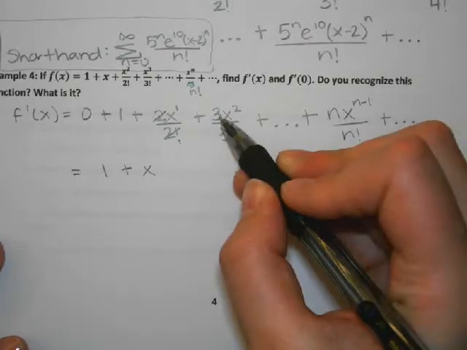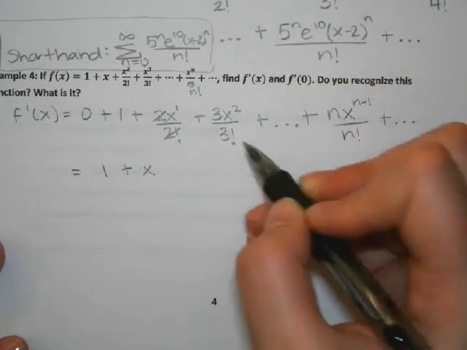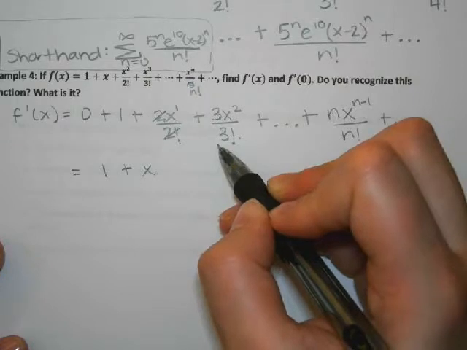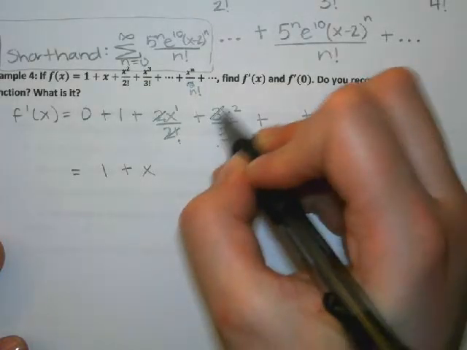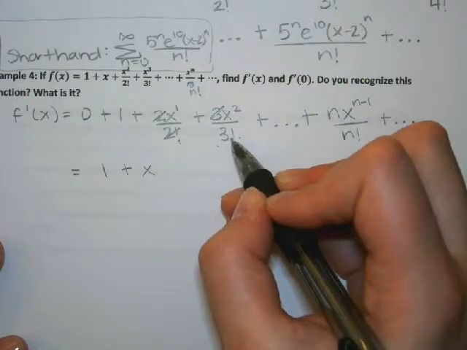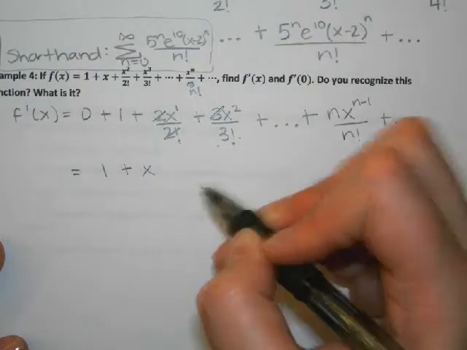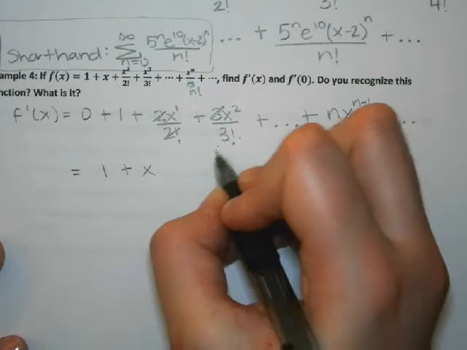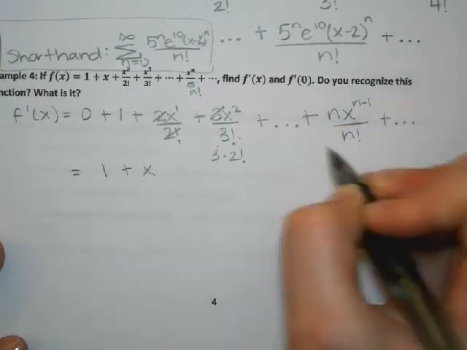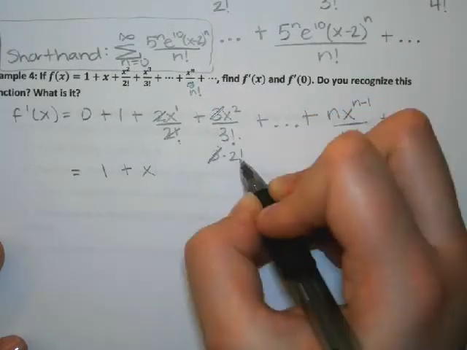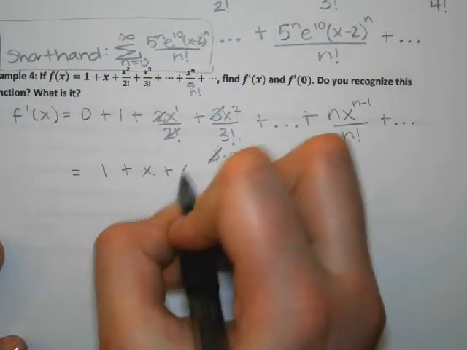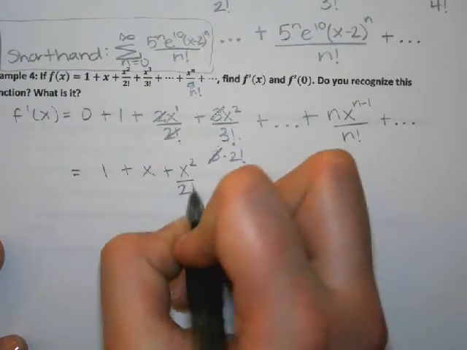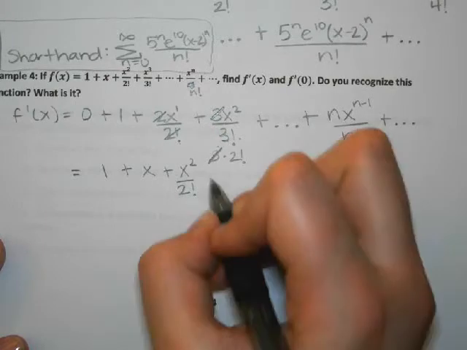So here we have a 3 and a 3 times 2 times 1. So the 3 is going to cancel with the 3 of the 3 factorial, and it's going to leave a 2 factorial behind. So I'm going to think of 3 factorial as like 3 times 2 factorial. So that's going to cancel with the 3 and leave a 2 factorial behind. Give it a second, you'll see it.